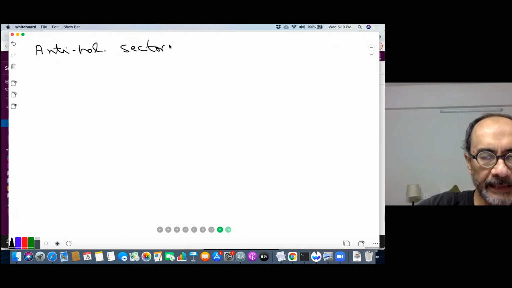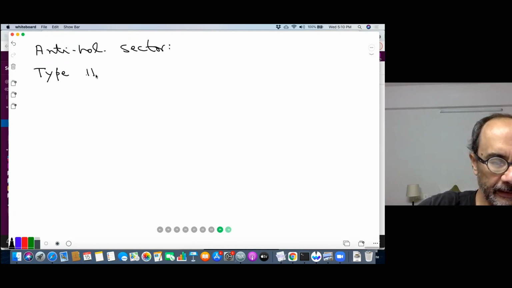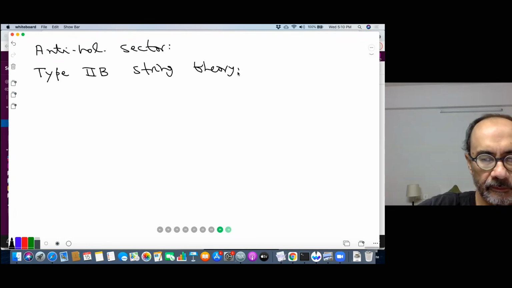Okay. And here there are two choices. These two choices distinguish between type 2A theory and type 2B theory. So type 2B string theory. We take, so now we are talking about the RNS, right?